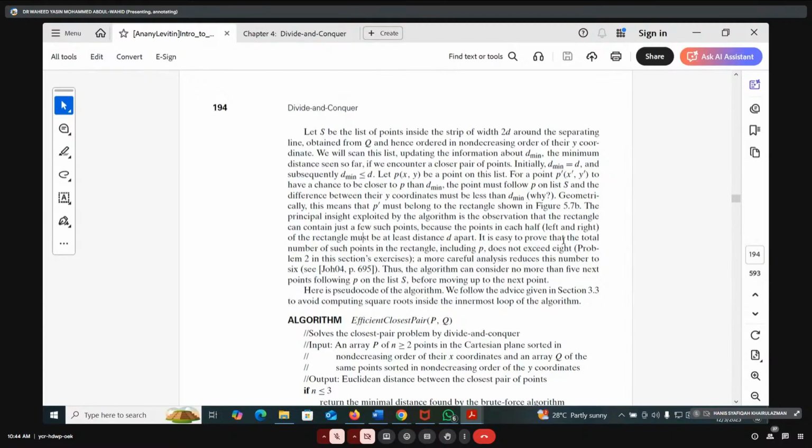It is easy to prove that the total number of such points in the rectangle, including p, does not exceed 8, problem 2 in the section exercises.